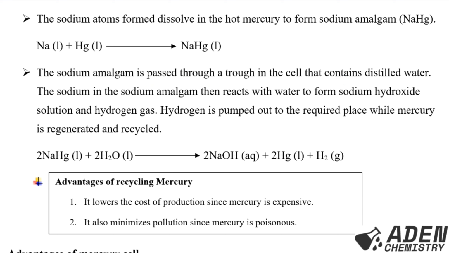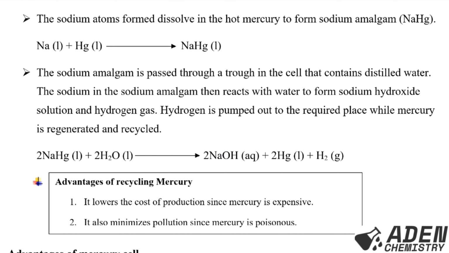contains distilled water. Then we are told the sodium in the sodium amalgam reacts with water to form sodium hydroxide solution and hydrogen gas. Remember, learners, when a metal reacts with water, we form 2 products, metal hydroxide and also hydrogen gas. So if sodium reacts with water, we are going to get sodium hydroxide and also hydrogen gas.